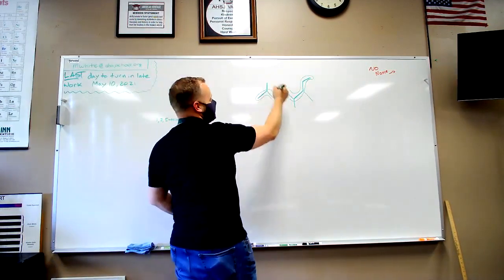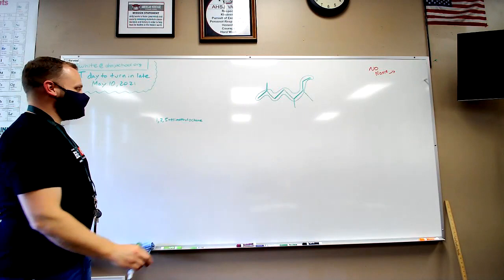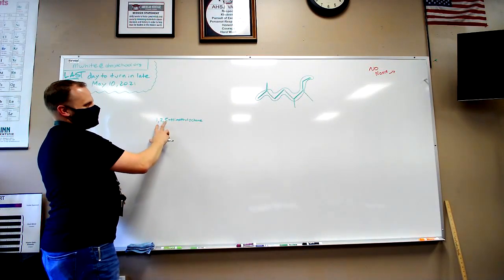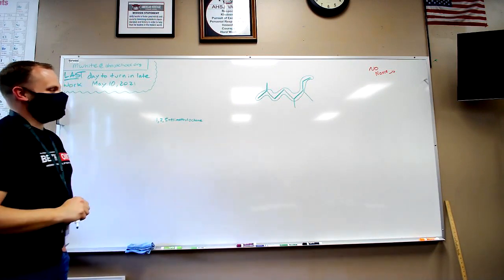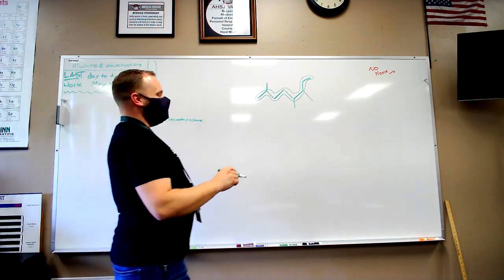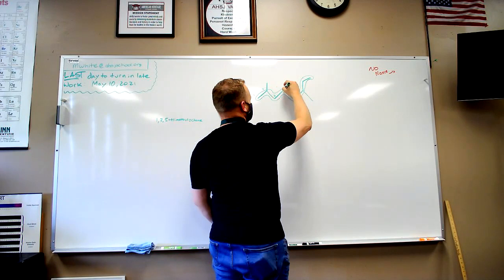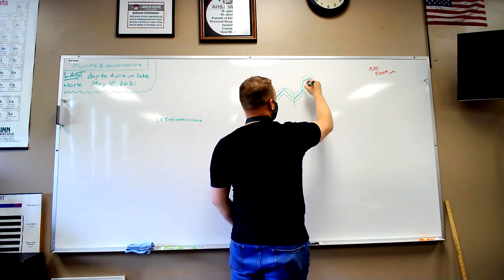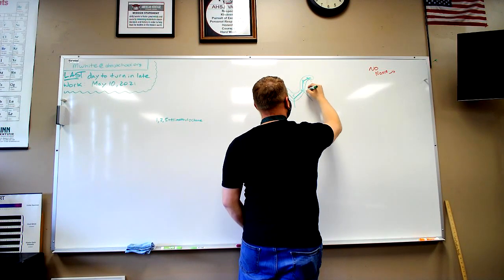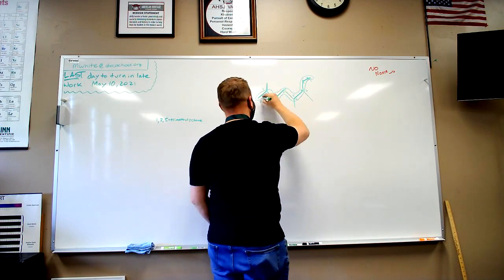And we do have 1, 2, 3 methyl groups. So it is trimethyl. So the only thing that we need to adjust here is our numbering. So we can either number from here 1, 2, 3, 4, 5, 6, 7, 8, or from the other side.